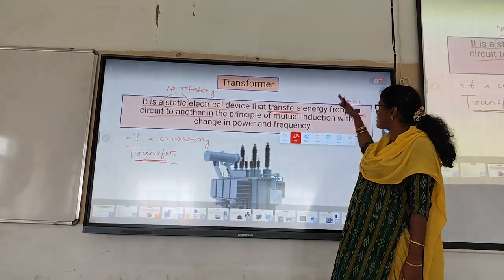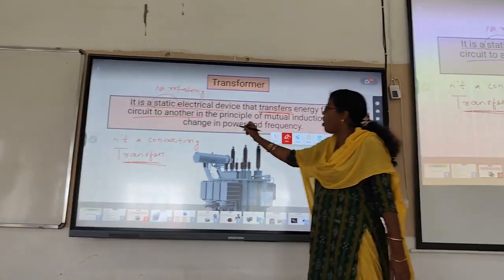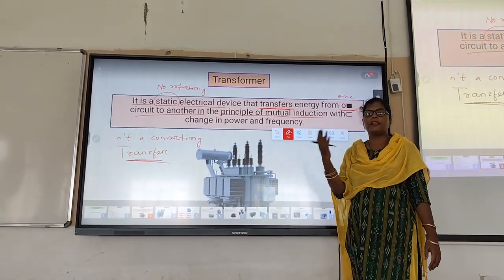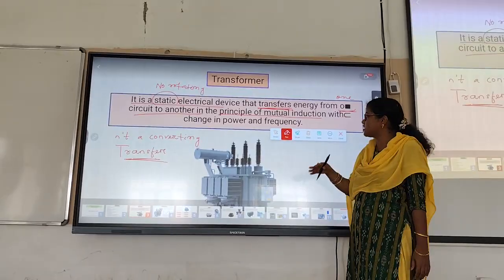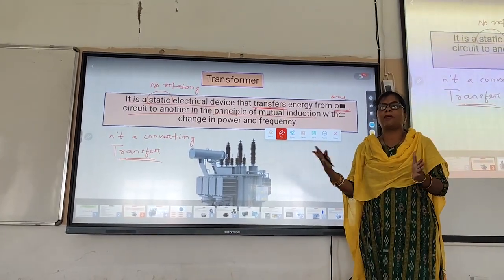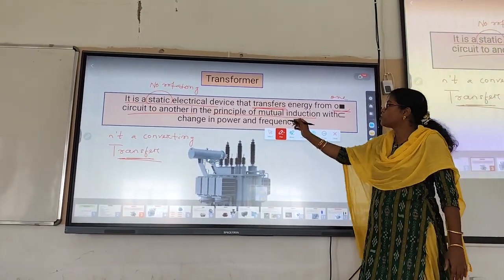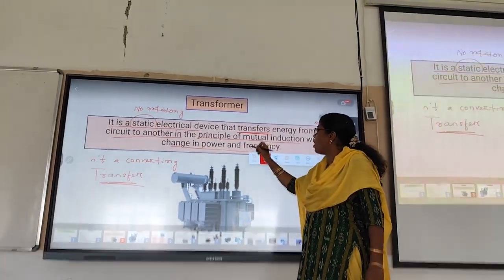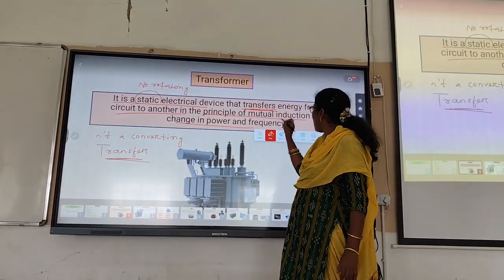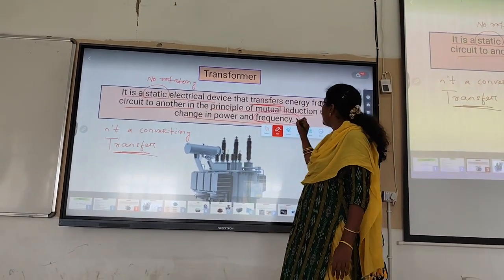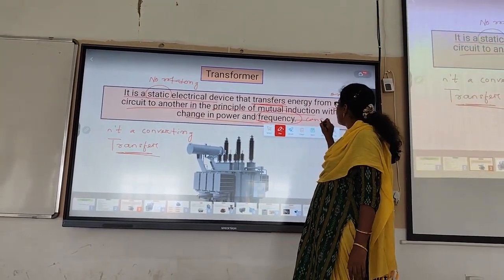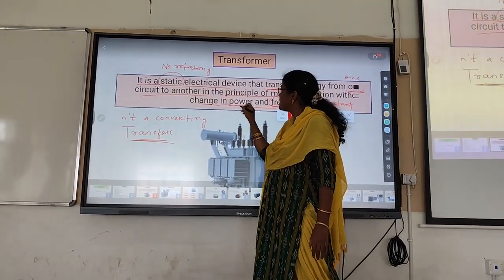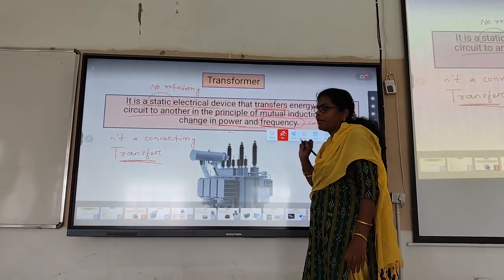It means from one side to the other side on the principle of mutual induction. Okay, what is the principle? Mutual induction means they mutually share the magnetic flux. So mutual induction, with change in power and without change in frequency. Here frequency is constant.